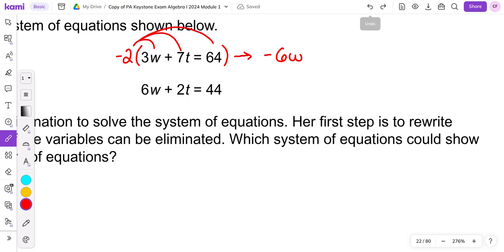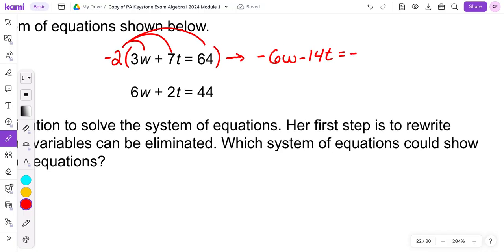So that's going to become negative 14t, and that is now equal to negative 128. The bottom one we're going to keep the same: 6w plus 2t equals 44.